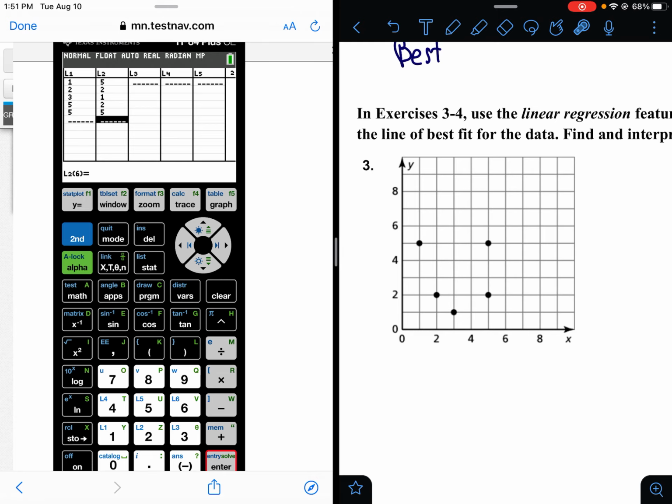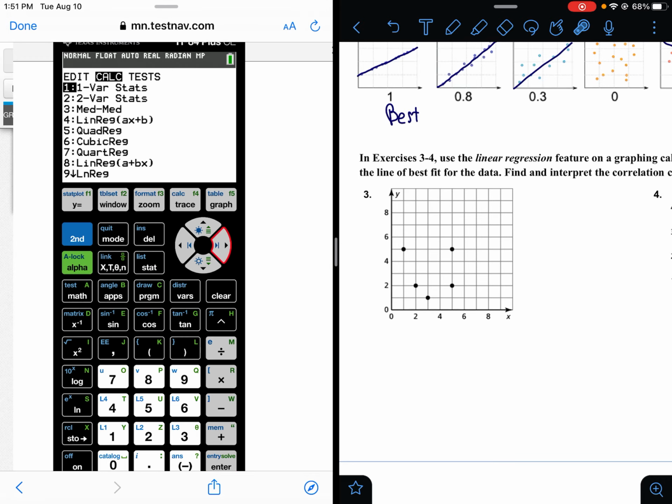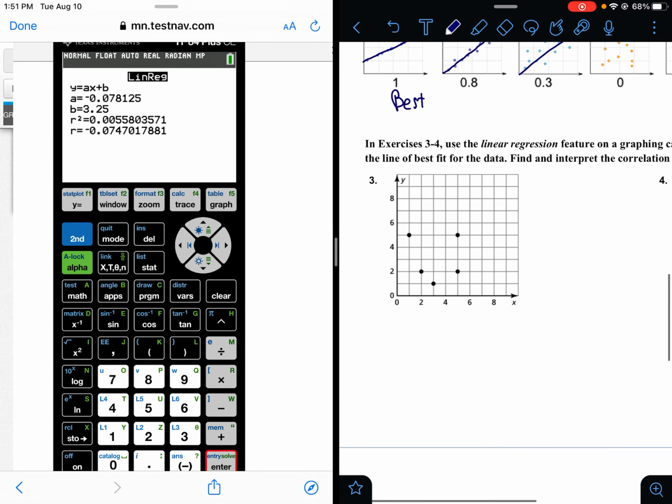Obviously you can look at this and go, this is probably not going to be a very good correlation because I have no idea if this data is going up or down, maybe slightly down, but I can't really tell. So I go to stat and calc and linear regression here and calculate. You can see that the correlation coefficient is terrible. It gives me an equation of, I should probably use the pen, the line of best fit looks to be like negative 0.078 x plus 3.25.